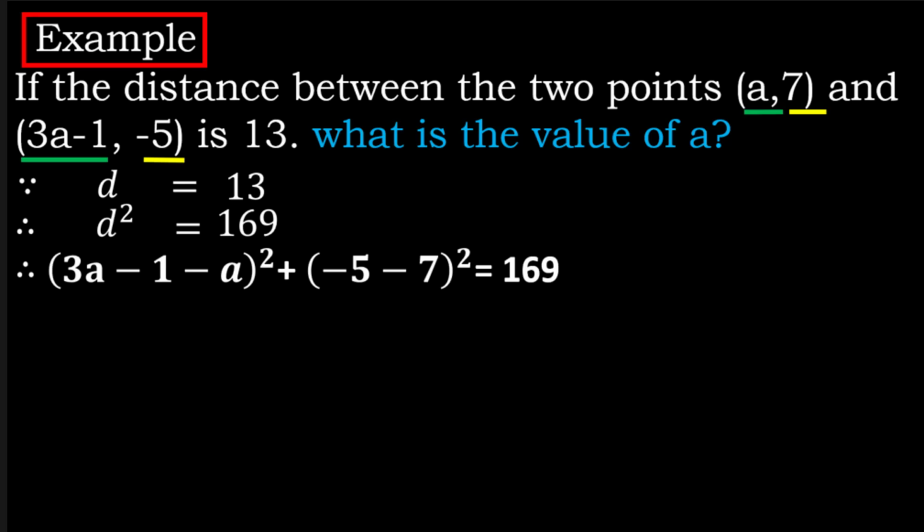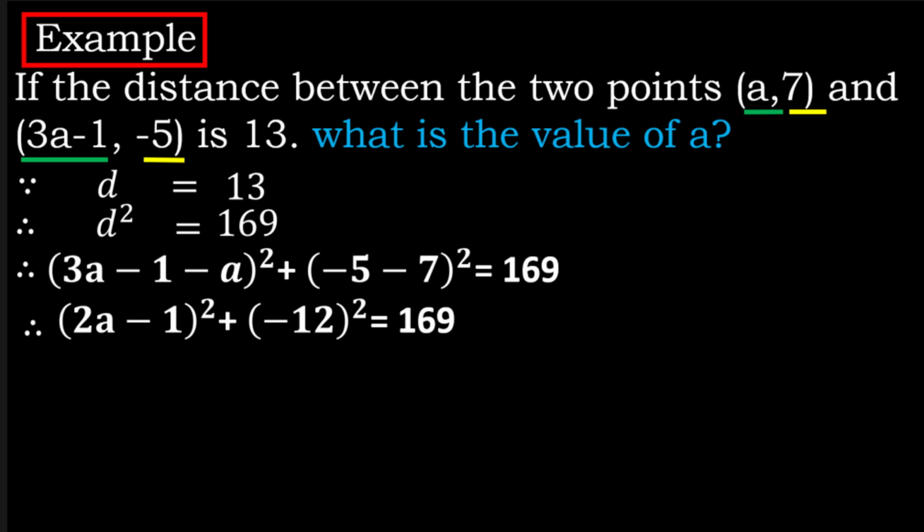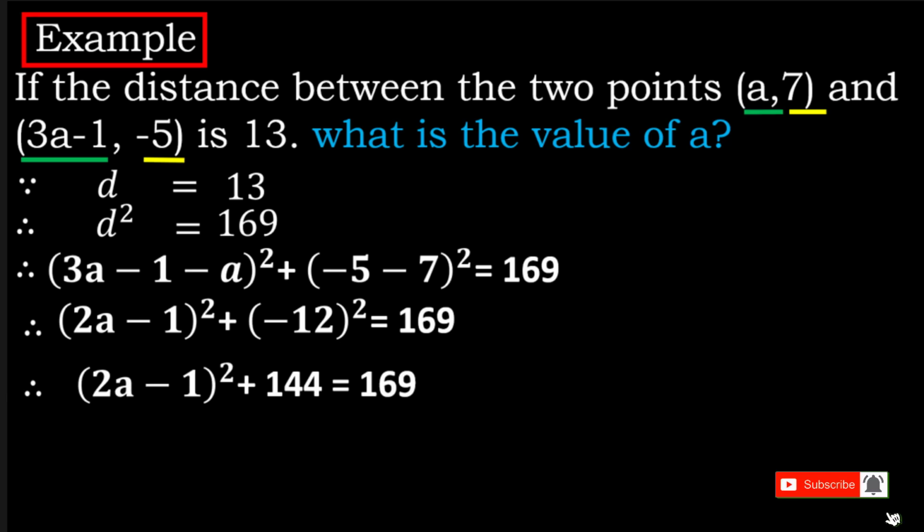Now we write 3a minus 1 minus a all squared plus negative 5 minus 7 all squared, it will be 169. We have here in this bracket 3a and negative a, so collect like terms. 3a minus a, it will be 2a, so we can write here 2a minus 1 all squared plus negative 12 all squared, it will be 169. So negative 12 squared, it will be 144.